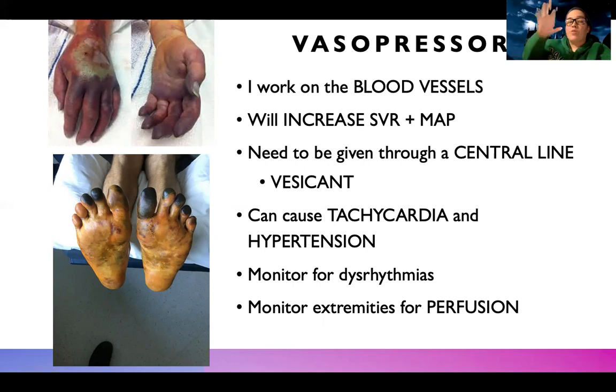Of course, because there's vasoconstriction, it's going to cause tachycardia and hypertension, and we need to monitor for dysrhythmias as well. We have to do very good peripheral neurovascular assessment to prevent loss of tissue. This happens mostly when they're on it longer term, but you really need to keep a close eye on that for these patients.